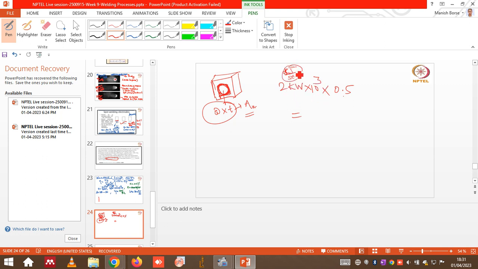Okay, so if we have to melt this much area we have to consider the density of that material, and also the welding speed, because the higher the welding speed, the lower will be the melting area, as we have seen, right?